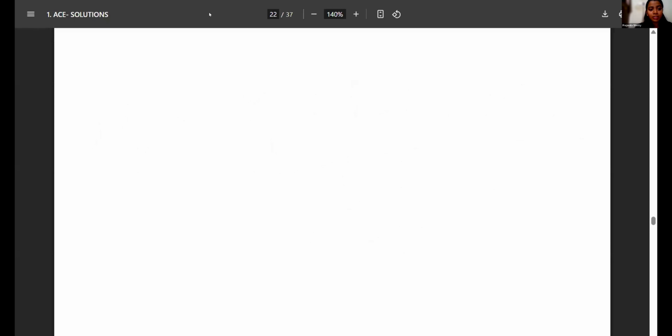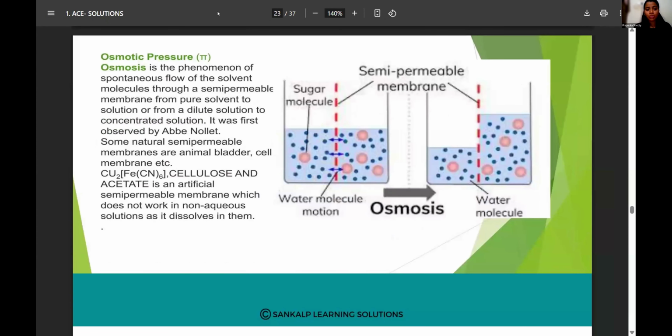It's already time. Next is osmotic pressure. You know what is osmosis, alva? Just a movement of a liquid from one concentration to another concentration through a semi-permeable membrane. This is a general concept of osmosis, right? Flow of solvent through a semi-permeable membrane.